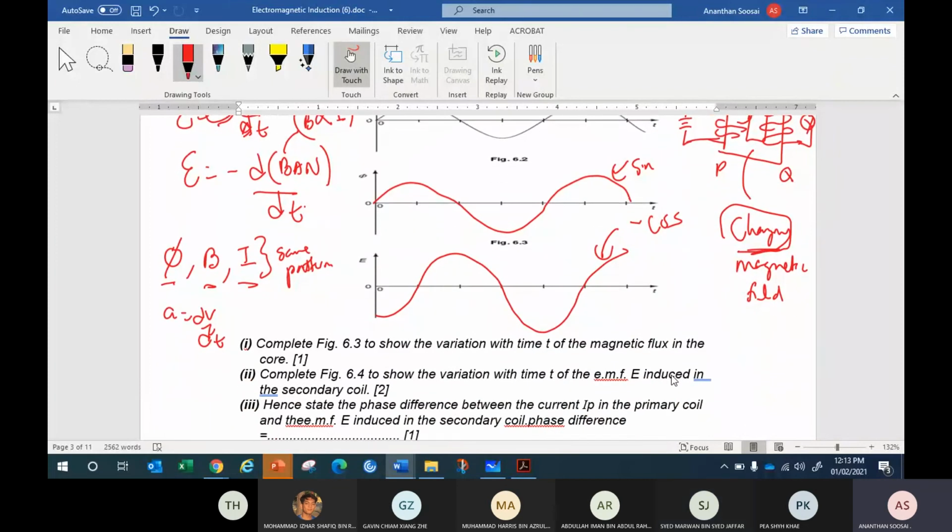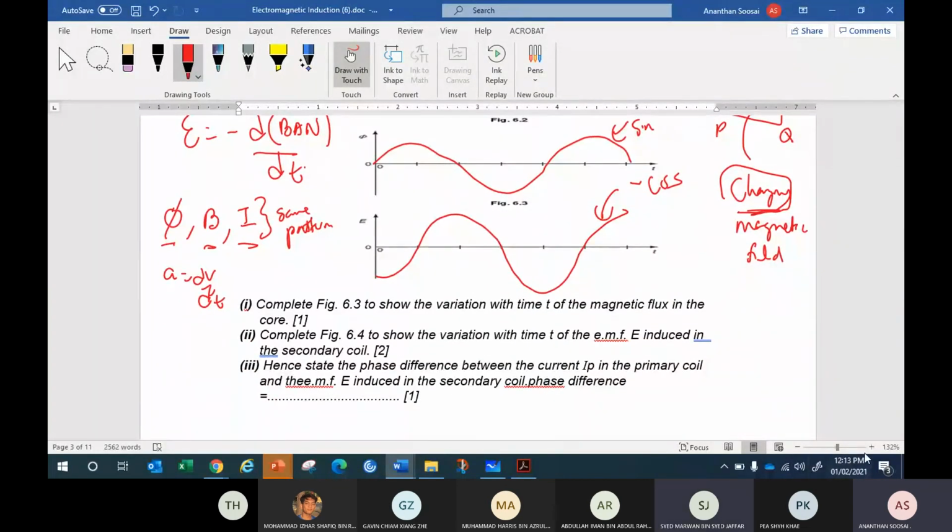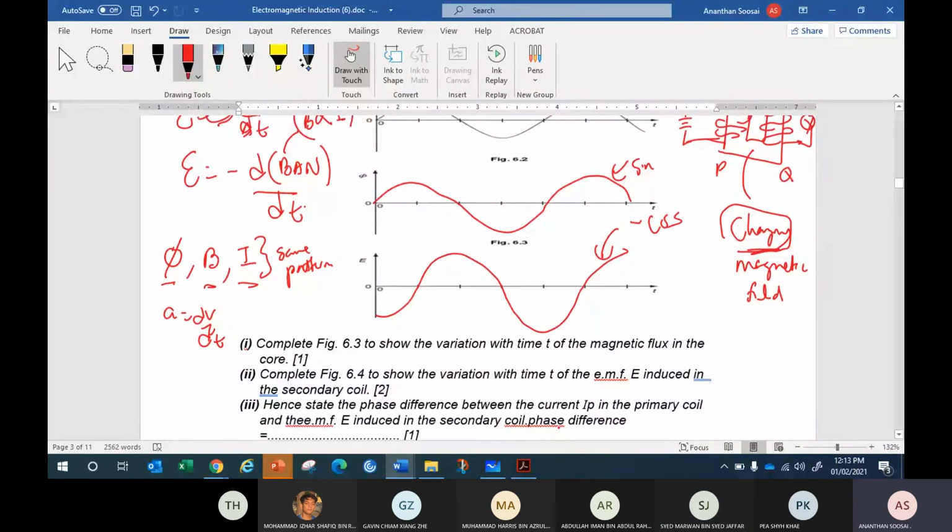Okay, can you answer part 3? What is the phase difference between the IP in the primary coil and the EMF induced in the secondary coil?